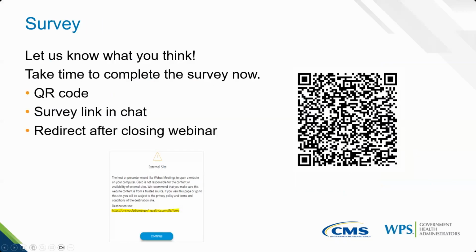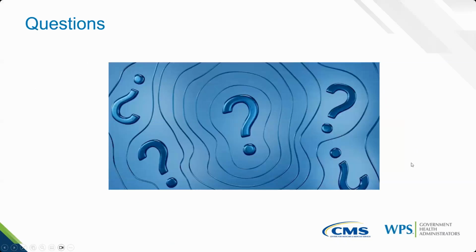Okay, and then the next question, and I think you kind of answered this one. When you are submitting on different lines of service, as you just instructed, are there modifiers that you can include that could allow for payment?